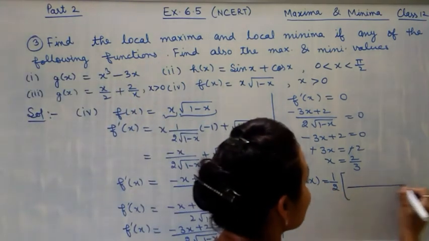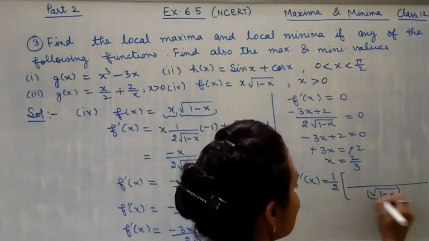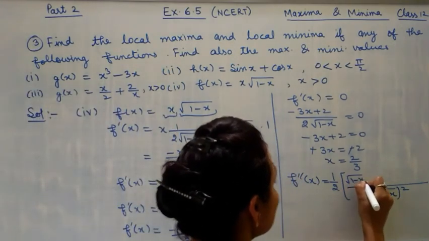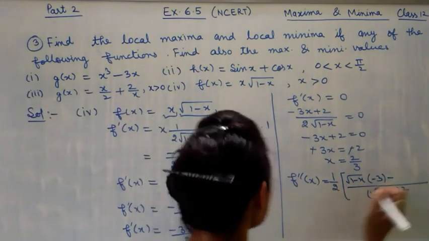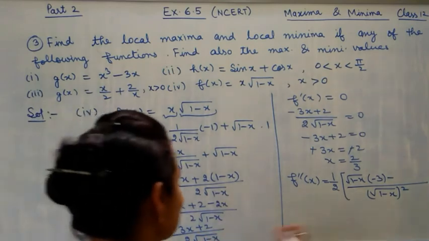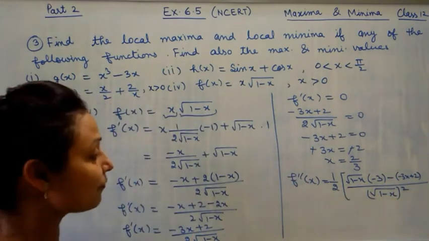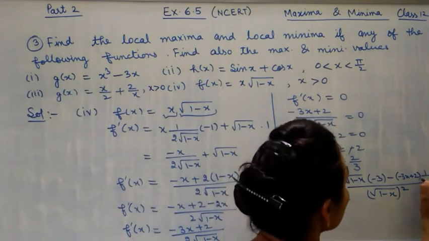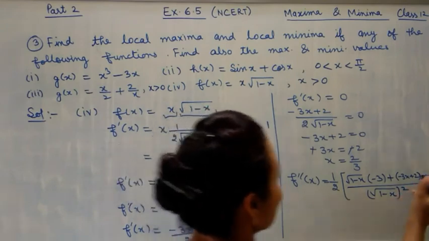And when you apply u upon v, then 1 minus x whole square. It is 1 minus x. Derivative of this, that is minus 3. Minus as it is, this value is as it is, that is minus 3x plus 2. And the derivative of this is 1 upon 2 under root of 1 minus x and further is minus 1, right?